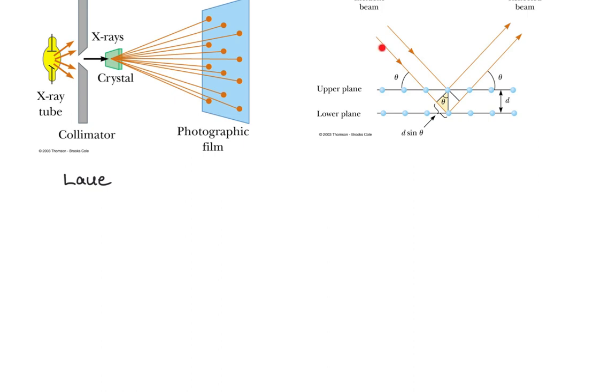And what happens is you have your incident beam coming in, that's here, and the spaces between the atoms act like slits in a diffraction grating. And so they're going to reflect some off of the atoms on the top surface, some off of atoms on the bottom surface. And you can work out essentially the atomic spacing, this crystalline structure.